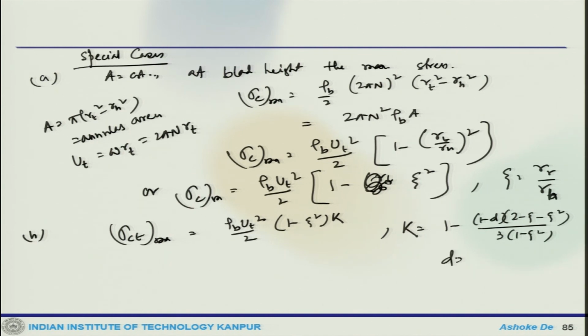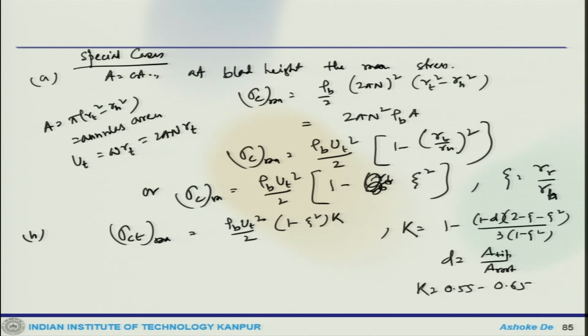So, d is the tip to root area ratio, and typical values of k go between 0.55 to 0.65 for tapered blades.